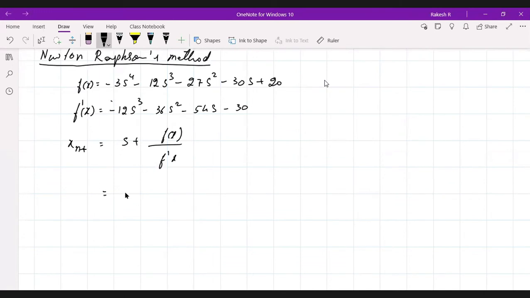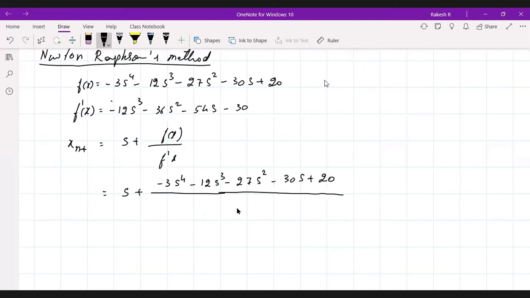So you need to substitute those values: s plus, minus 3s raised to 4 minus 12s cube minus 27s square minus 30s plus 20, divided by minus 12s cube minus 36s square minus 54s minus 30. This is x of n plus 1 here.